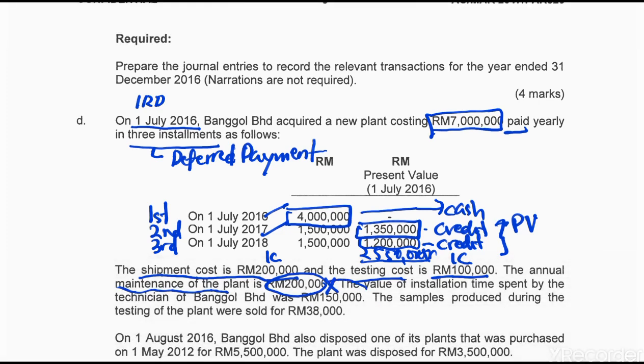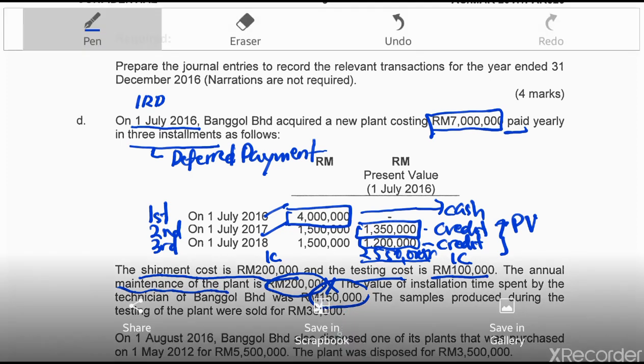At the same time, you have another 150,000 that also is not to be included in the initial cost. Why? Because that was incurred after it is already available for its intended use, because the technician came and that was the time span by the technician.